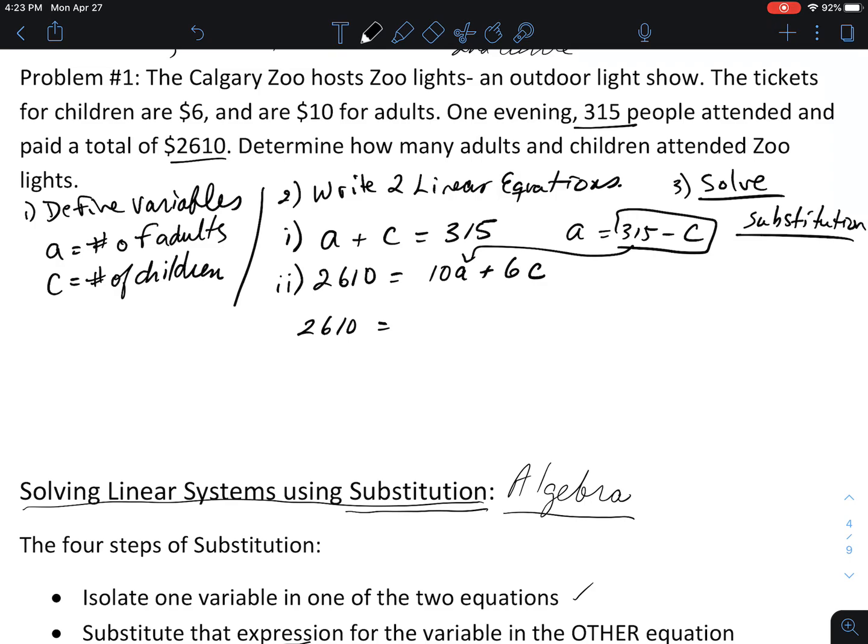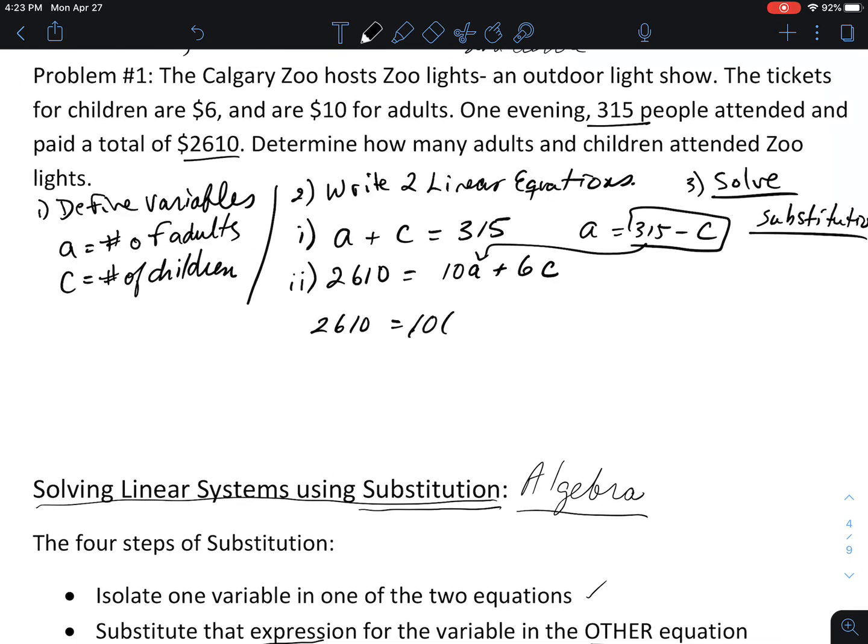You might pick a different strategy. As long as we both do the work correctly, we'll get the same answer. So 2,610 is 10 times A plus 6C.